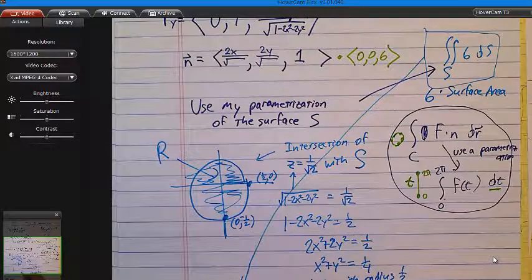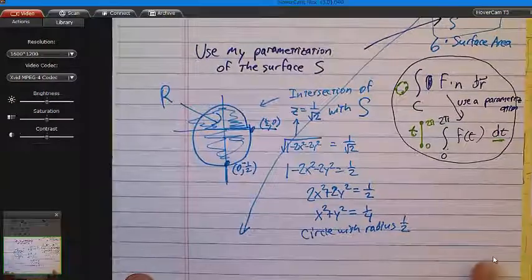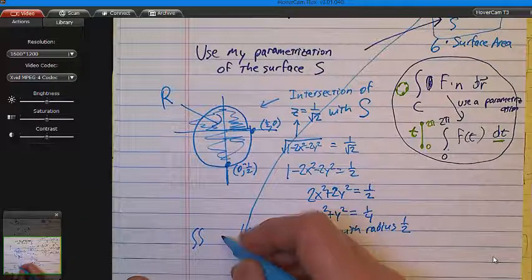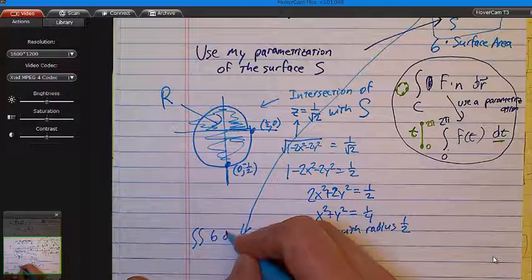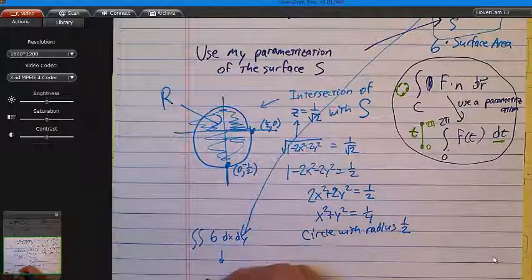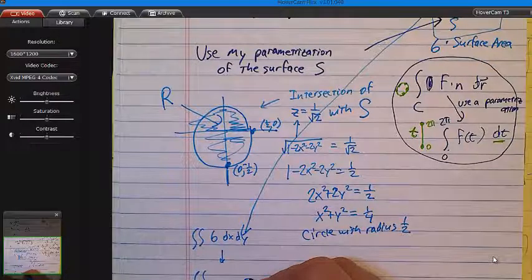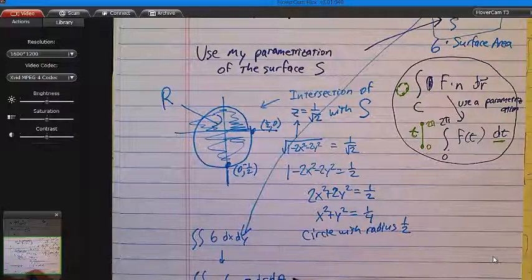Okay, so now I'm here. We write it as a double integral of 6, and I guess I could do dx dy, right? But maybe it's even easier to do this. Let's do a double integral and do 6 r dr d theta, right?